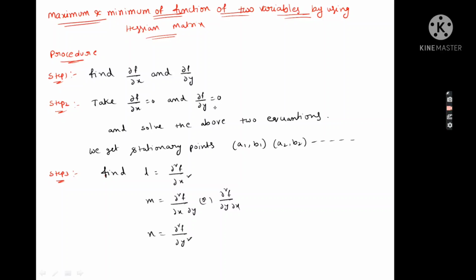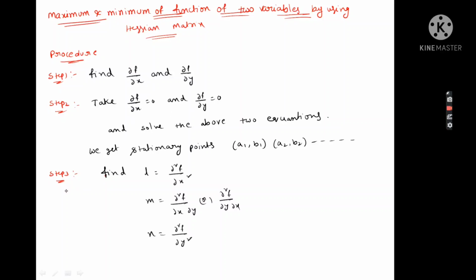Then we get two equations. Solving these two equations, we get some ordered pairs, since it has two independent variables: a1, b1, a2, b2. We may get one ordered pair, two, three or more, depending upon the equations.